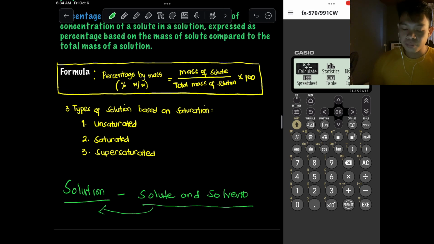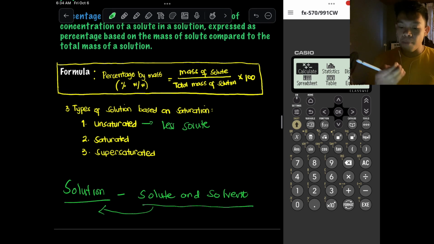For example, if we have an unsaturated solution, there is less solute compared to the solvent, where the solvent is water, for example. Since there's less solute in the solvent, there is space for more solute to be dissolved.